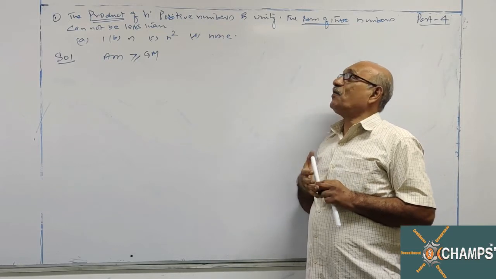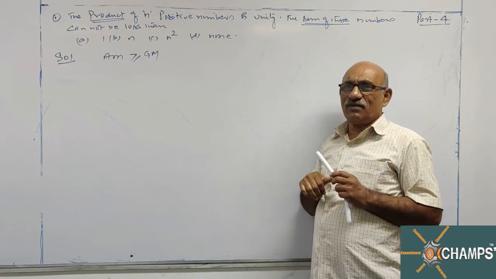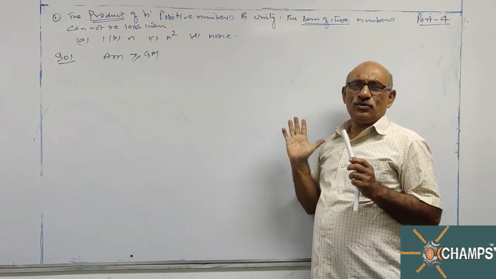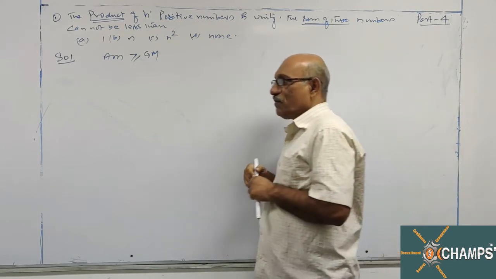Again I am repeating this point. Here product of n numbers is given, sum is required. Product is given, sum is required, means I have to use this inequality: arithmetic mean is greater than or equal to geometric mean.